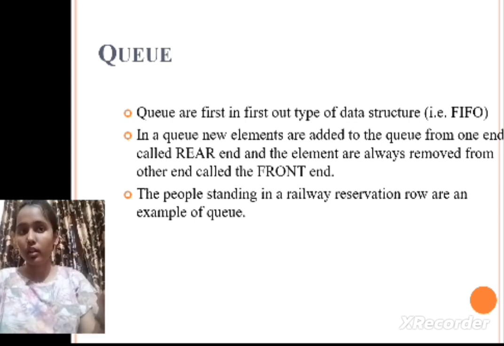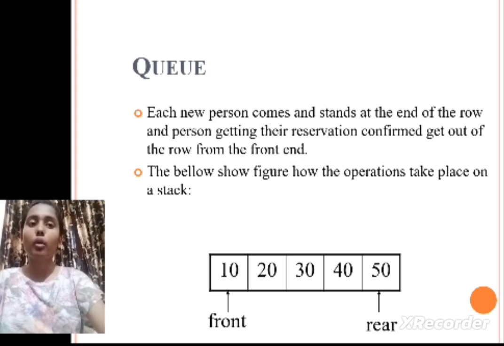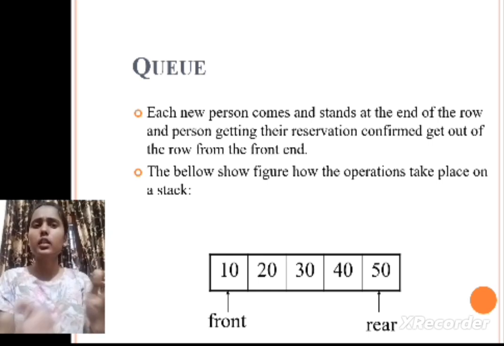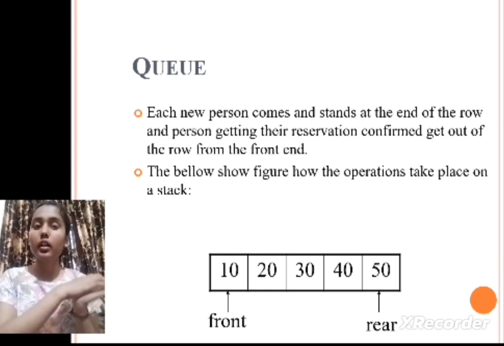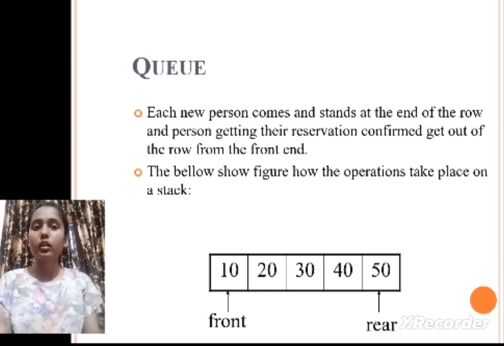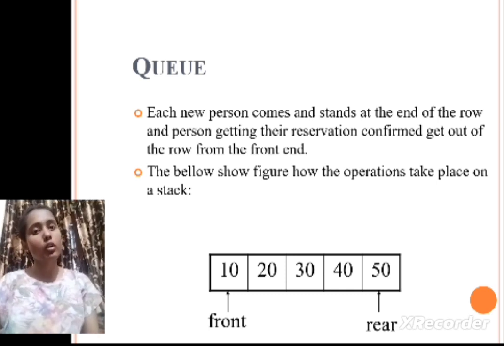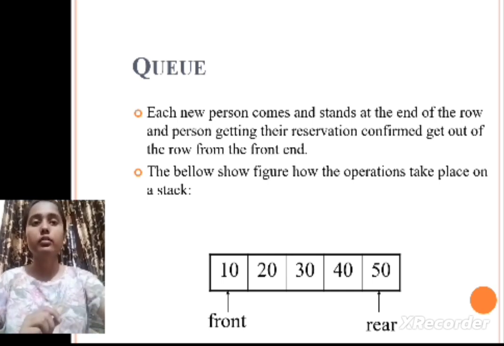We can see an example in a row at a ticket counter: the first person who comes gets the ticket first.